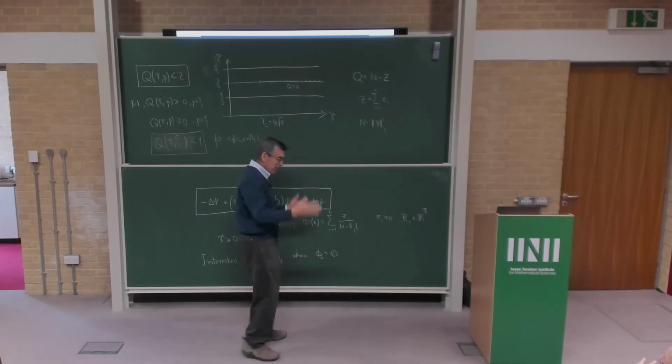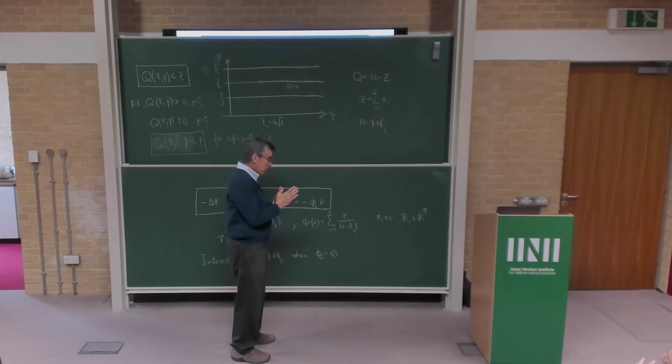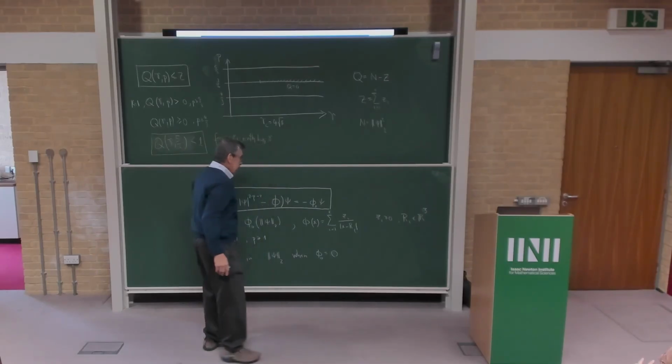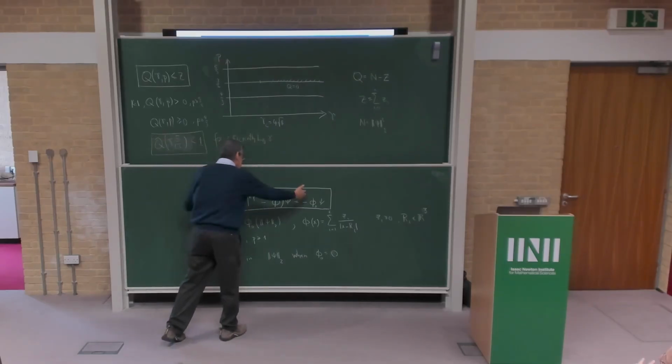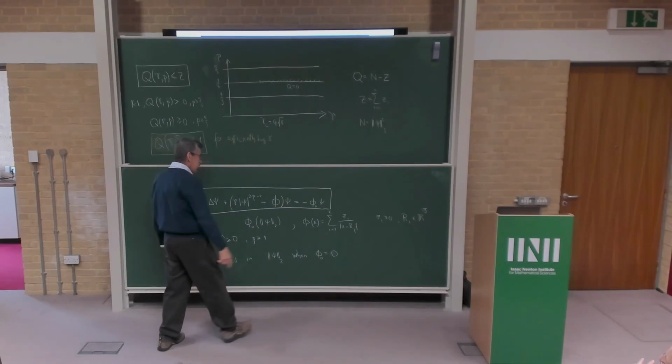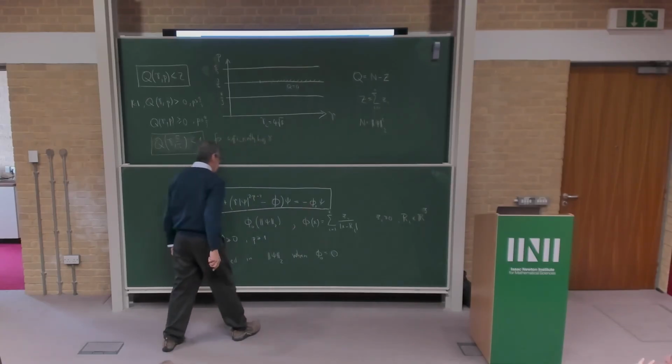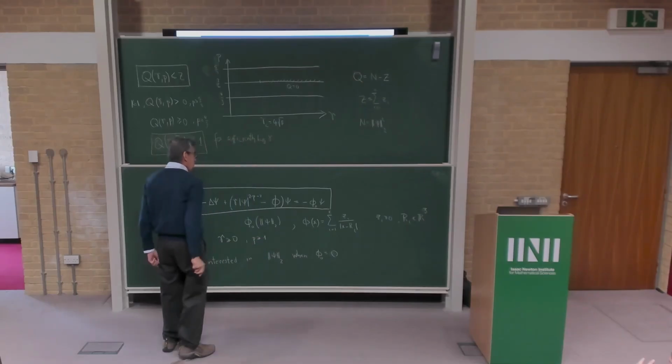What you would really like to prove is that Q is less than C plus 1, which we do in this particular model. Okay, so that's what I'm going to discuss. The main goal is to concentrate our attention on the problem when the eigenvalue is 0, when the chemical potential is 0, and the goal is to estimate the L2 norm of psi.